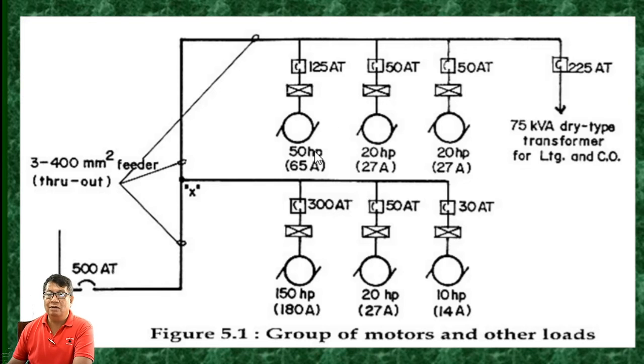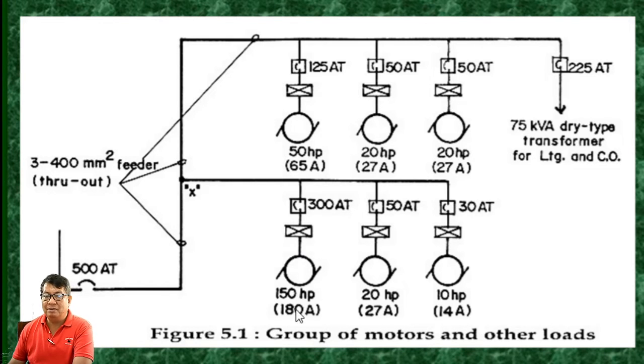Tsaka mayroon tayong mga motors na 50 horsepower, mayroon tayong 20 horsepower, another 20 horsepower, mayroon pa tayong transformer dito, 75 kVA for our lighting and other convenience outlets, no? So we have to determine the size of the main breaker for this, no?